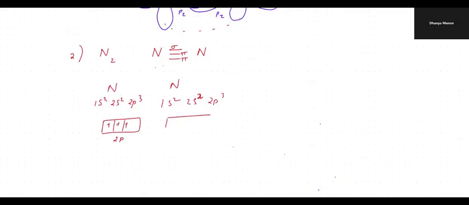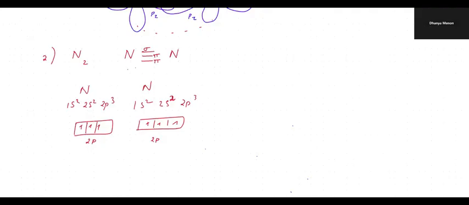For the second nitrogen also, 1, 2, 3. All the 3 orbitals are half filled. So overlapping cannot take place between px and py, or py and pz, or px and pz. These kinds of overlapping will not take place because the orientation is not proper.